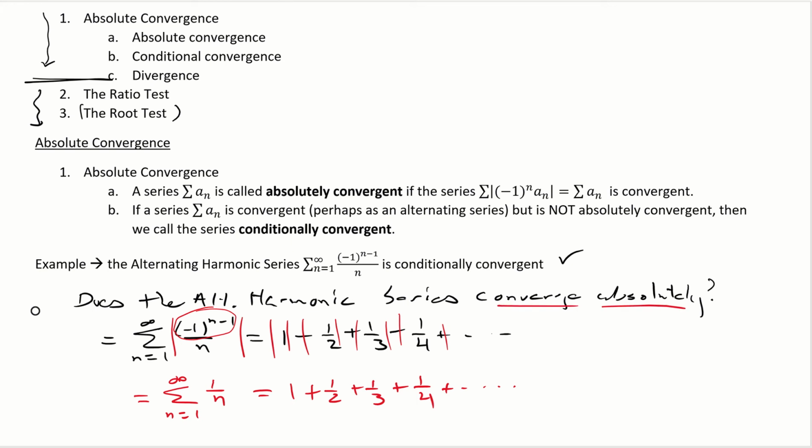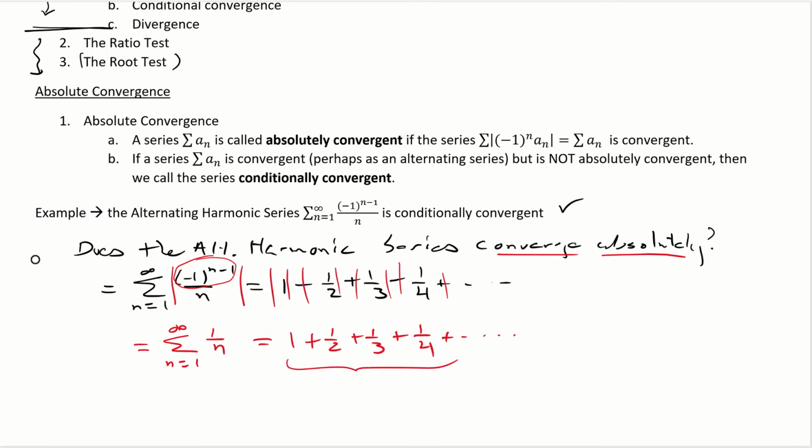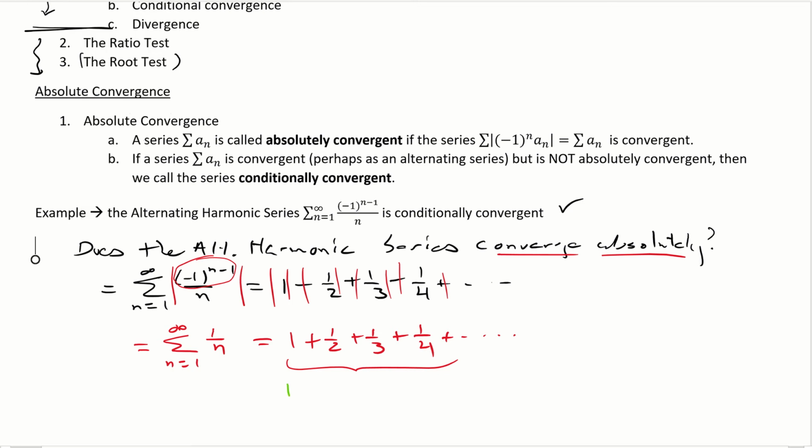Then you stare at this series and ponder, gee, does that guy converge or not? The answer is, from memory, this is actually the harmonic series, isn't it? What do we know about that guy? He diverges.